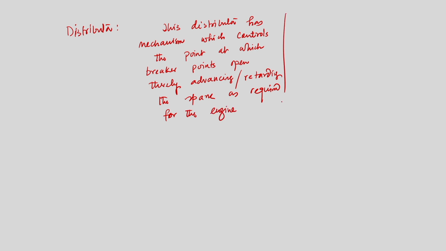So, these are the functions of different parts that we have labeled in the schematic.